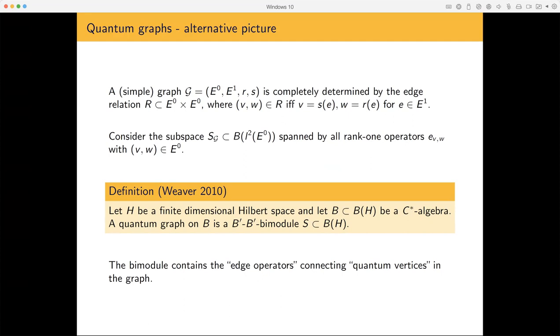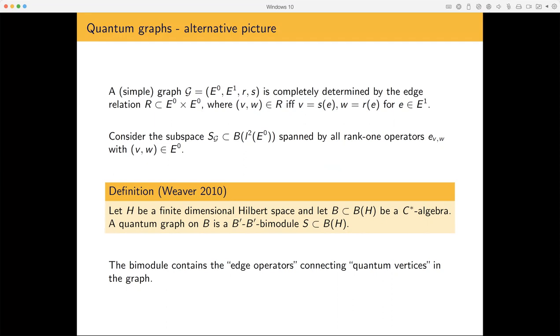If you do that, you will find that the corresponding subspace in matrices on L2 of E0 is a bimodule over functions on E0, which is the same thing as its commutant. And that, in a sense, motivates Weaver's definition.